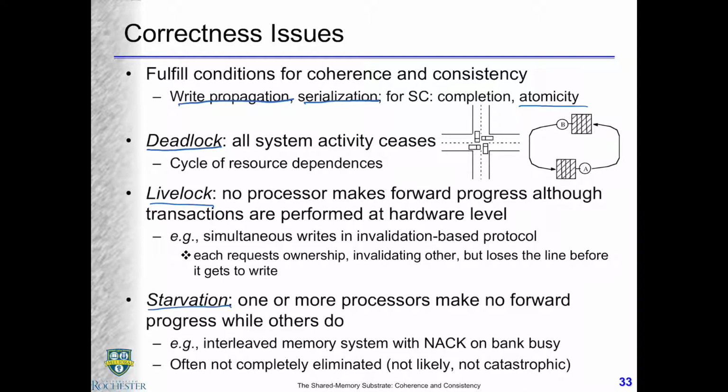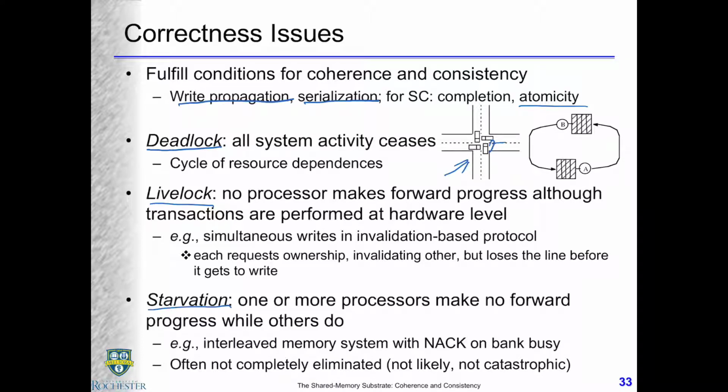We'll go through each of them. The deadlock part is kind of easy, and if you think about this picture that we're showing here, assume we have 4 trucks coming from 4 different streets at the intersection. Suppose they happen to be in that particular state, and you can see they're deadlocked. No car can go forward. That's because there is a cycle of resource dependency.